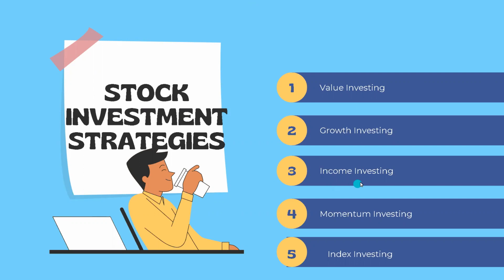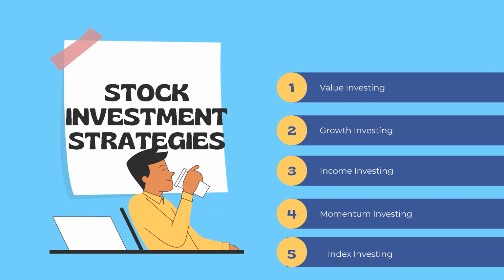The third one is income investing. Income investing is a strategy which involves investing in stocks that provide a steady stream of income through dividends. Many stock market investors who are more interested in dividends would probably consider income investing because of the steady return on dividends.